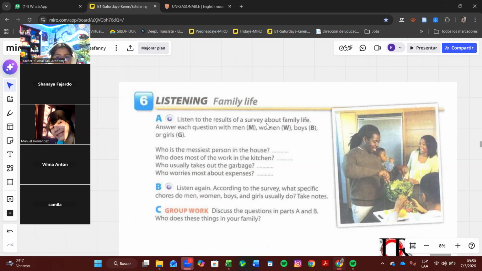So vamos a escuchar acerca de una encuesta. Answer each question with men, women, boys, or girls. According to what we listen, we are gonna see which one is for each of the genders, like the age also.